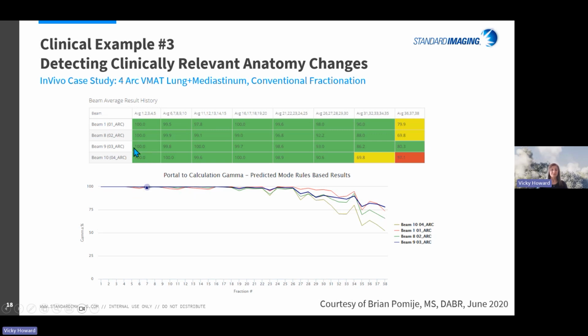Each of these columns is an average over the week. So everything looked good for the first 5 or 6 weeks. And then things did start trending down, and week 7 and week 8, we were seeing failure. So something really is happening within this patient, and physics was triggered to investigate.